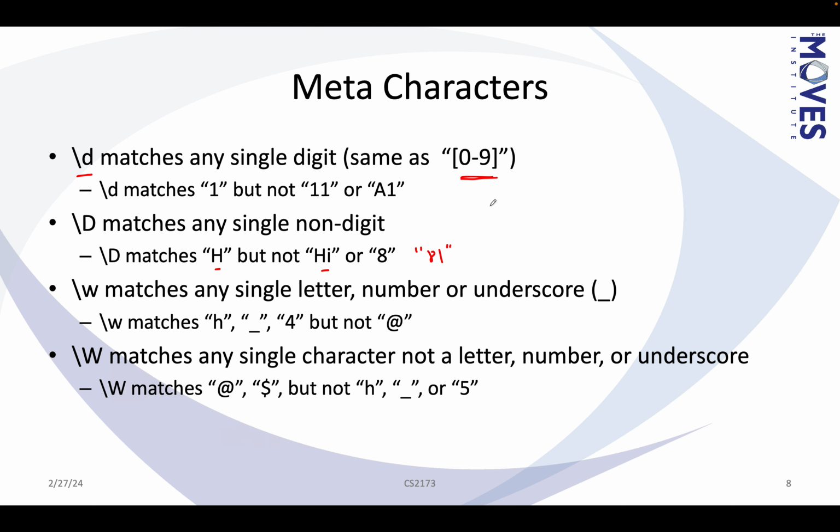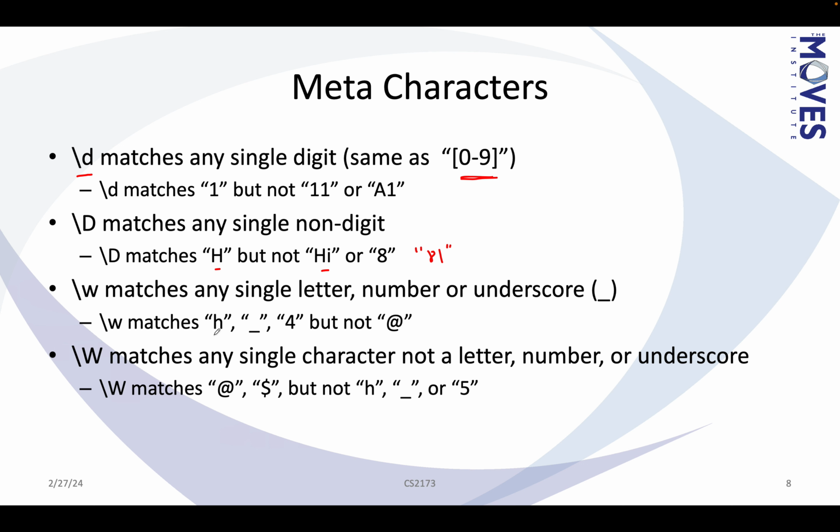And if I add underscore, then basically, they say, well, a lot of times the names we want to match consist of all those things. So backslash lowercase w will match a single letter, a number, or an underscore. So those are the elements of what a name is.